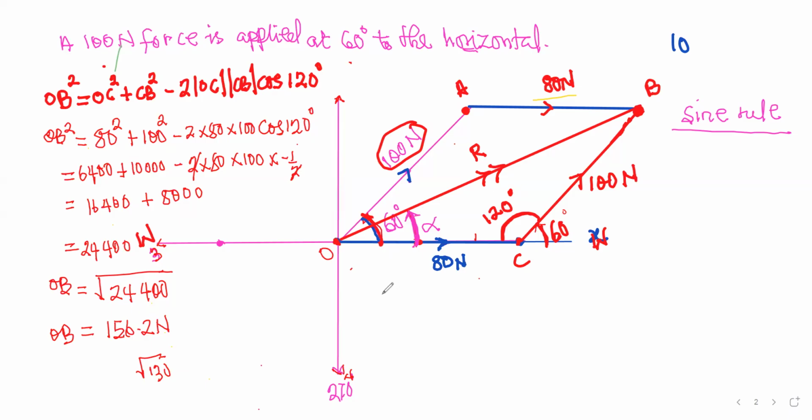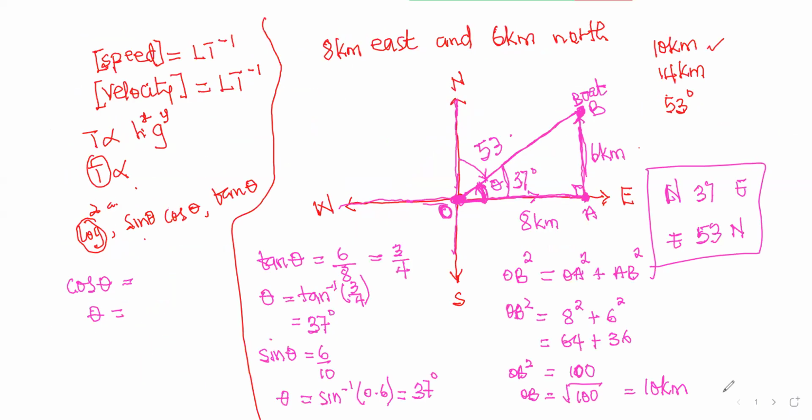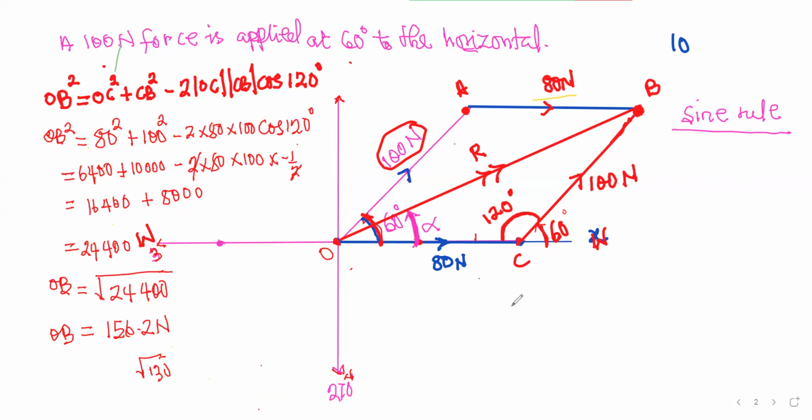So what is the sine rule? The sine rule says that if you have any triangle, let me sketch a triangle. So A, B, C. The interior angle of this is theta, interior angle of this is beta, interior angle of this is alpha.